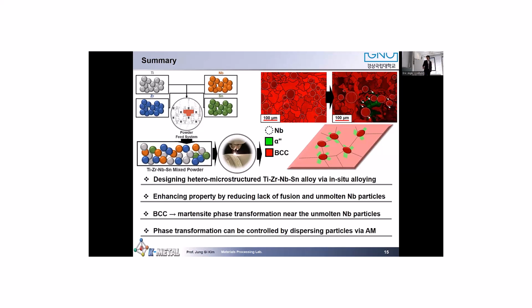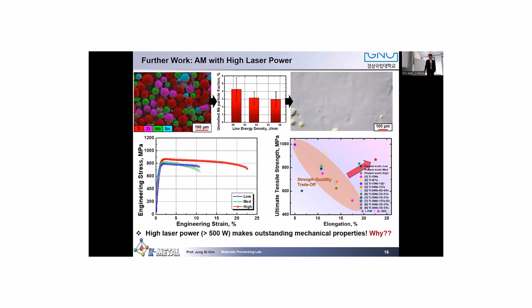And maybe all of you also have a question: it still has some larger unmolten particles, so how about when we reduce them? So we performed additional experiments by changing to a DED machine with high energy capacity and successfully reduced the unmelted niobium particle fraction to less than 3%. As you can see, the particles have almost disappeared.